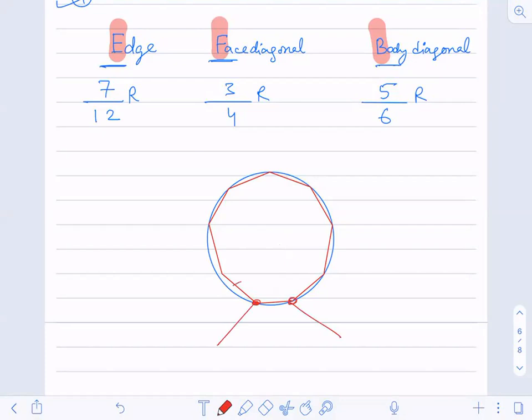So 1, 2, 3, 4, 5, 6, 7, 8. These are in series. This one alone is in parallel. Okay. So suppose if these are R values, so this becomes 8R. And this alone is R. So this is in parallel now. So 8R into R over 8R plus R, which is 9R. So this becomes 8R by 9.